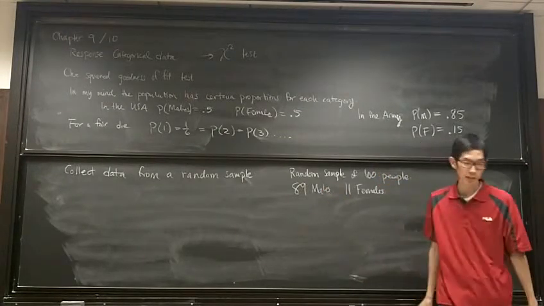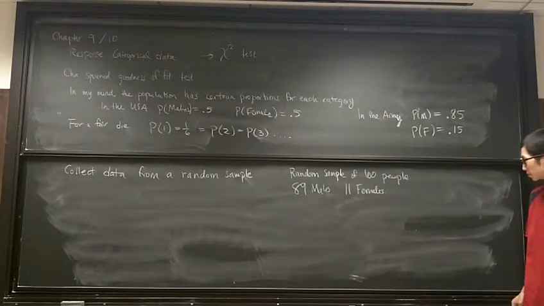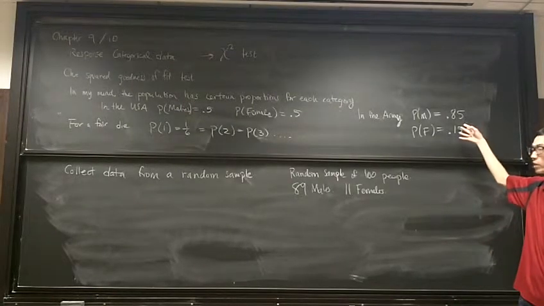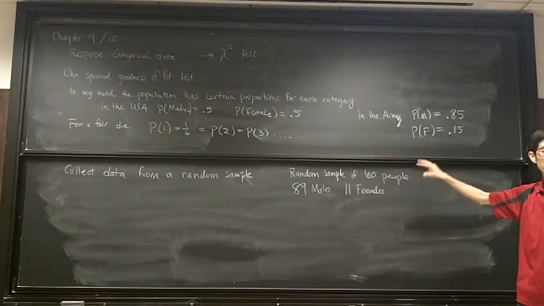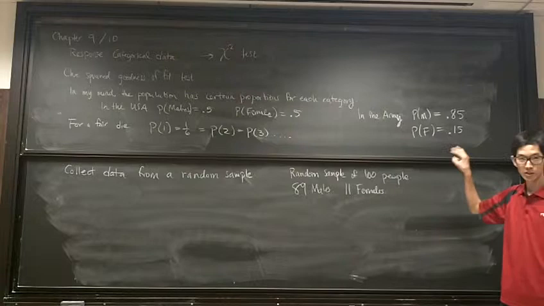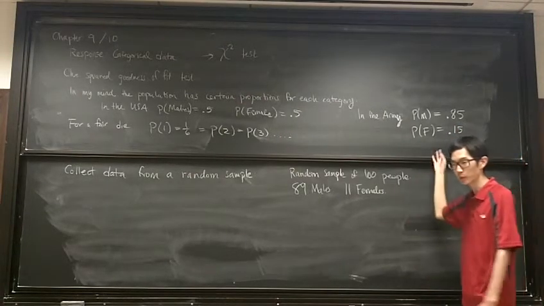So this is what my data shows. And so the question is, does my model fit the data? Or is there a discrepancy between the model and the data that tells me my model is bad?